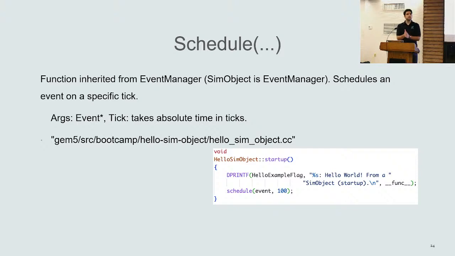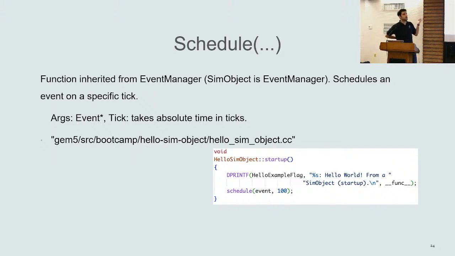OK. So let's see how we can add events to the event queue of the simulator. So there's a function called schedule that is part of event manager. And SimObject itself inherits from an event manager. So every SimObject is an event manager. An event manager has a function called schedule that takes 2 arguments, a pointer to an event, and a tick at which the event should be scheduled.